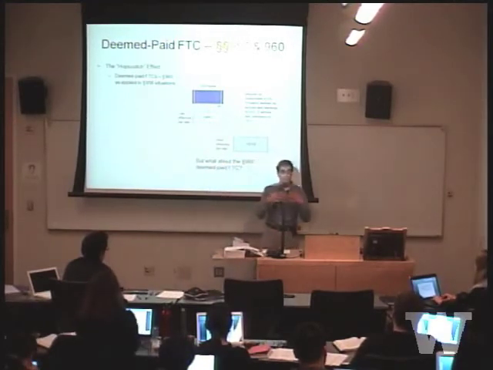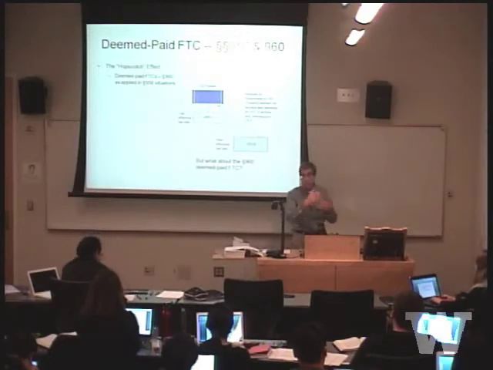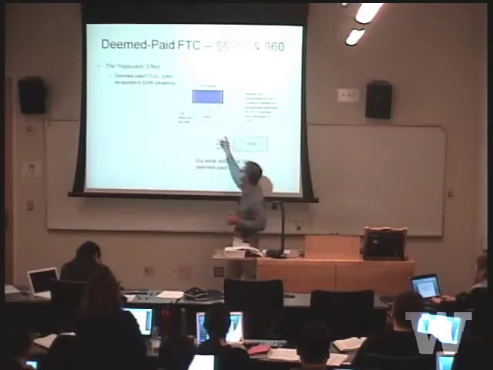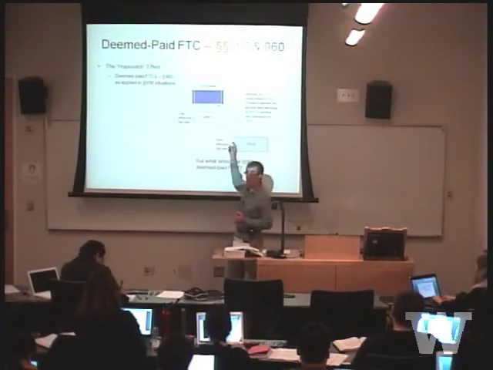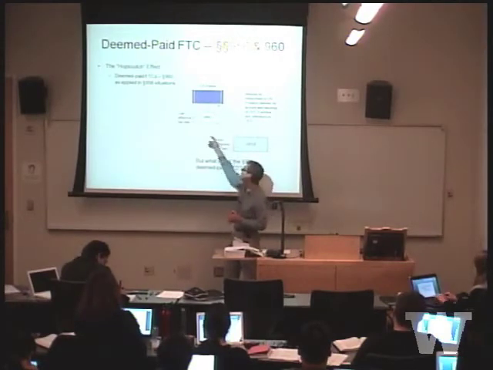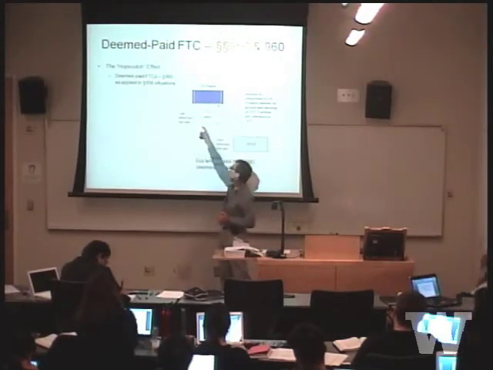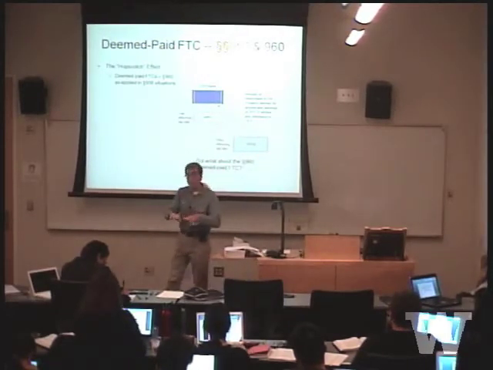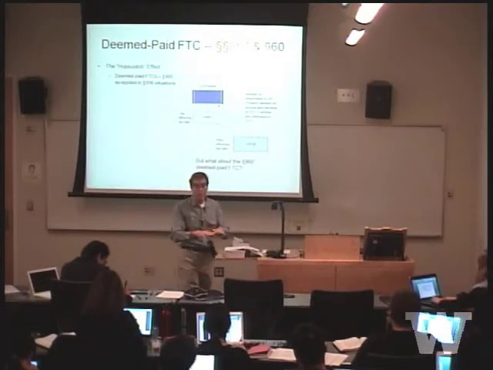So because of the pools, remember the post-86 pools of earnings and profits and taxes paid, what happens then is that you're diluting the high effective tax rate with the low effective tax rate and ending up with a lower deemed paid credit within the U.S. shareholder.